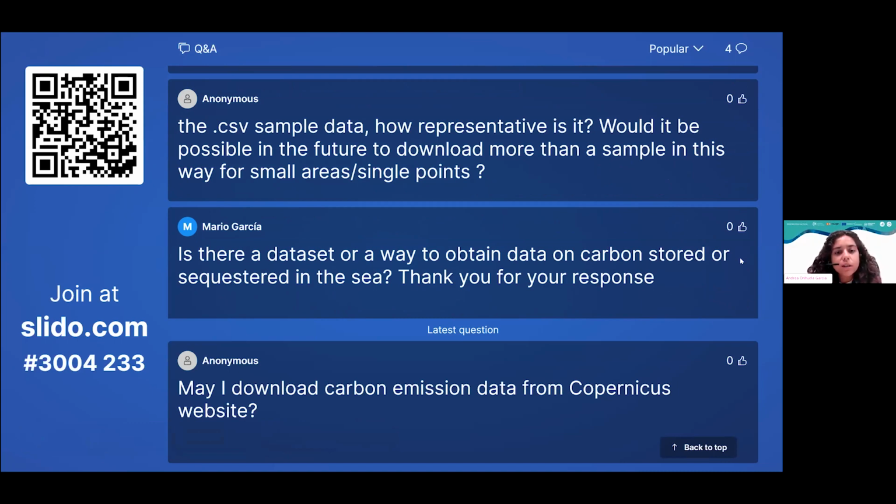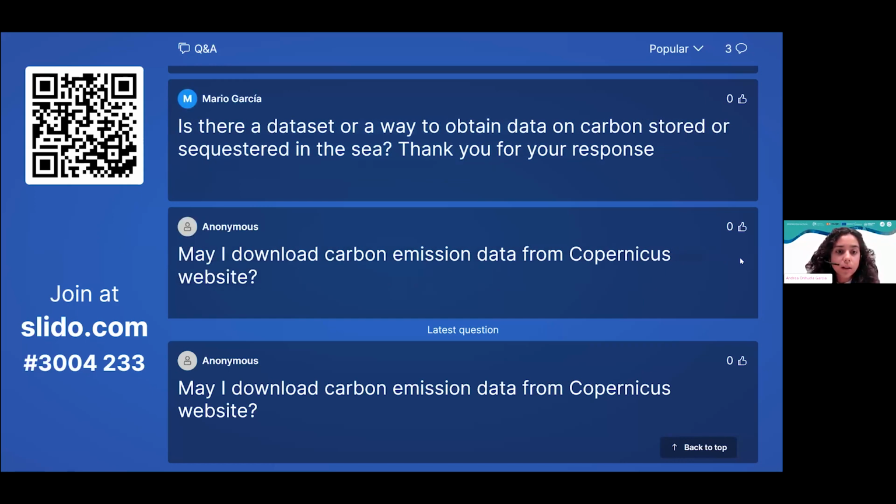Okay, so the carbon stored or sequestered in the sea is the point. This is why we are using a model, because it's really difficult to study the carbon that is already stored in the ocean. So you can see the content of total POC, but maybe if there are products that use CO2 in the different water masses, maybe you can look at that. But to study the observations is super difficult, because this particulate organic carbon is influenced by different processes, biochemical and physical.